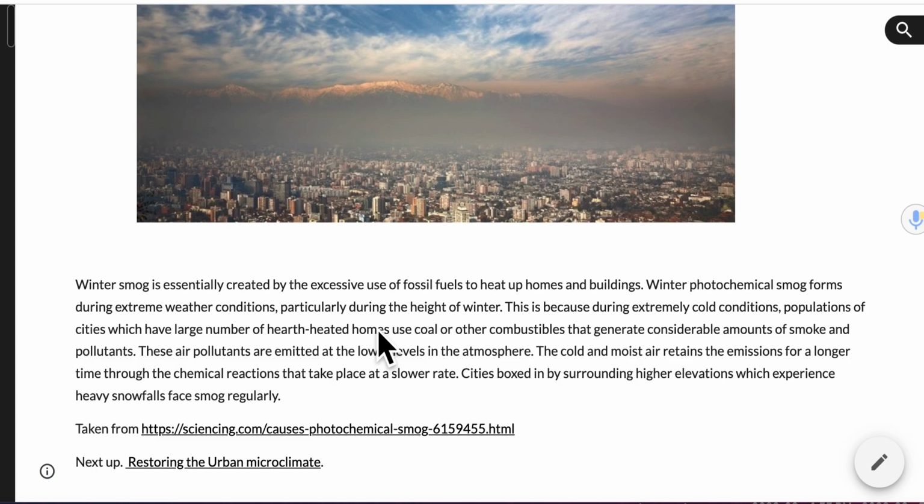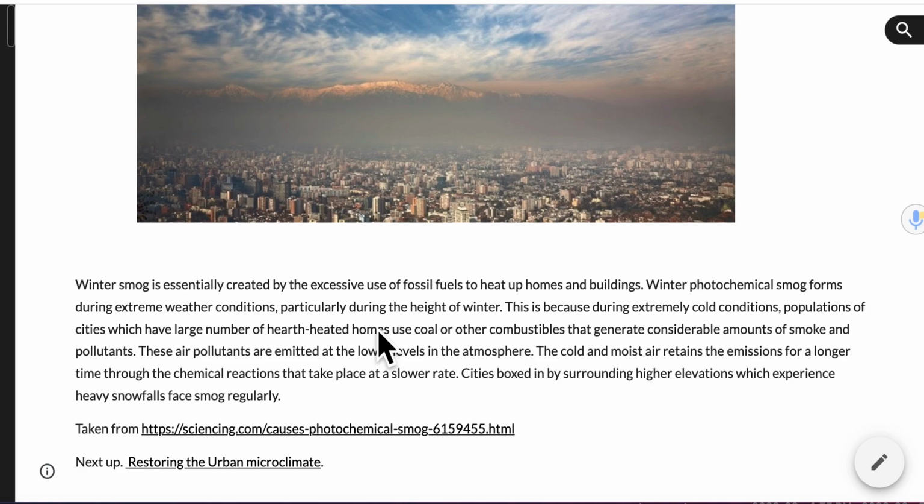Winter smog, which we talked about before, that's slightly different. I think that's simpler to understand. That's just, you get the smoke and it sits there for a long period of time and simply cannot move.